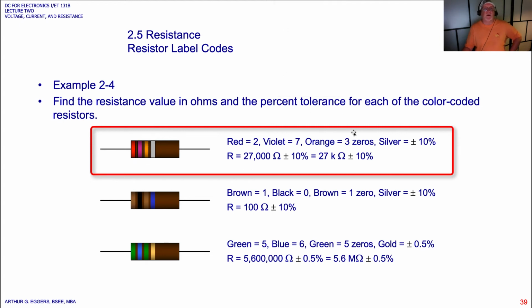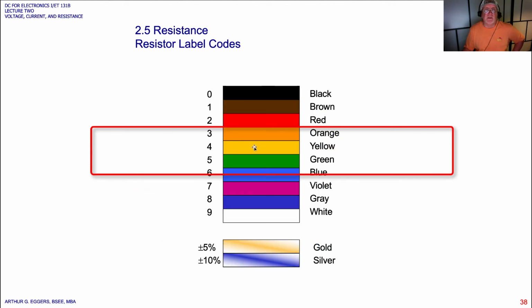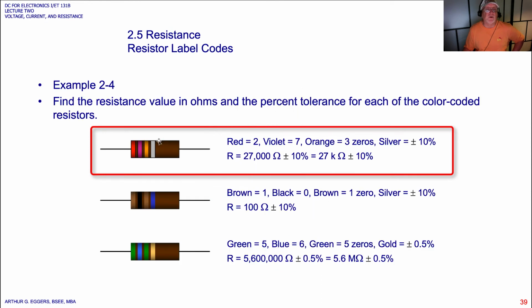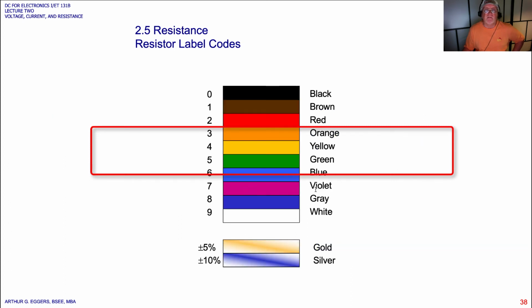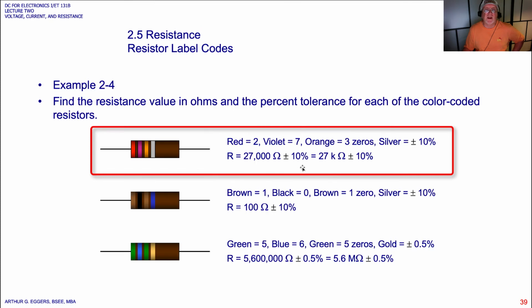So silver. So how do we calculate what's going on? Well, if we go back to our table here, keep this handy, and start looking at it, the first value is red, 2. So we have a value of 2 given for the first band. If we go back again, violet is the number 7. So we have violet equals 7.